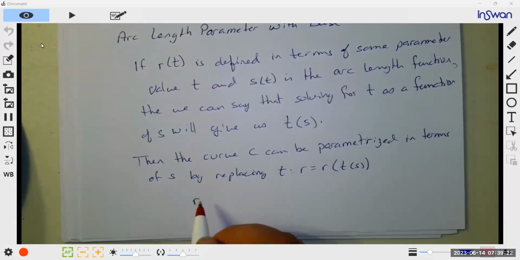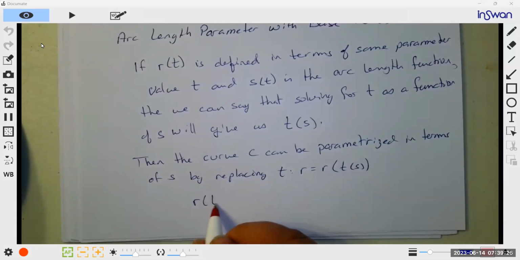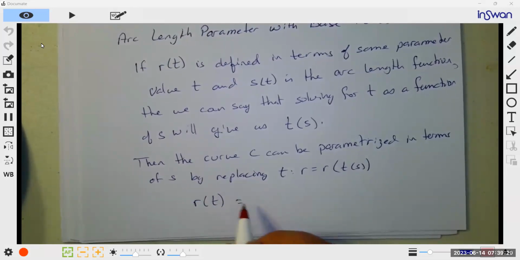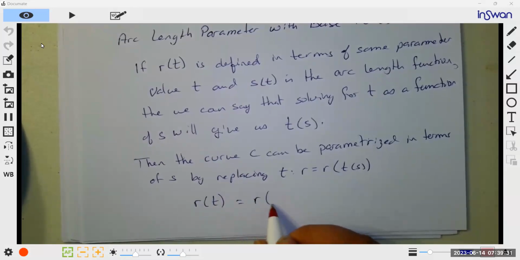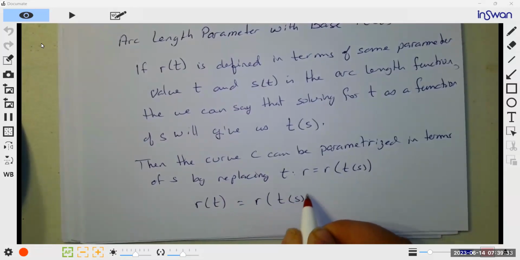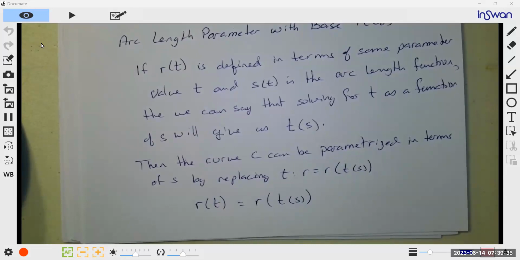Remember, what we used to have was r of t, but now since t is a function of s, we now have that parametrization.